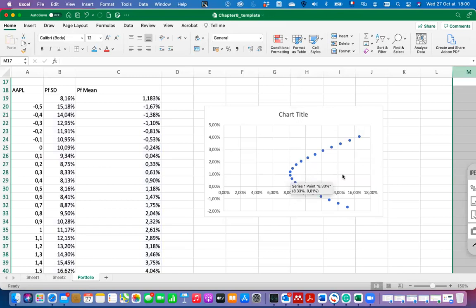So all the points inside the parabola are inefficient.